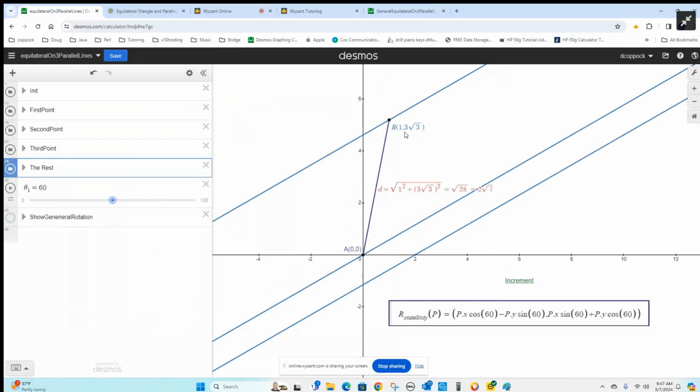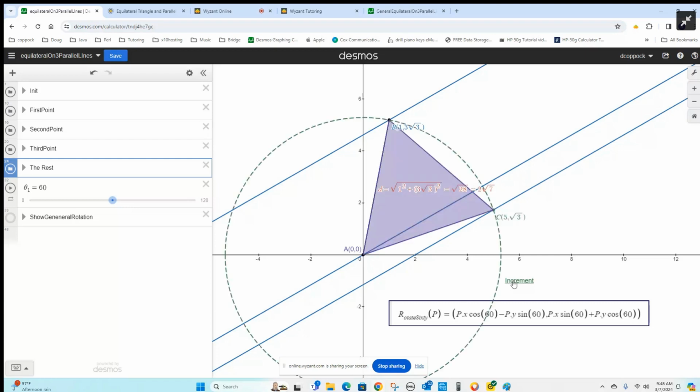There it is, 1, 3 radical 3. And the distance between A and B is the distance formula, 2 radical 7. There's your answer right there. And if you had to find out the point on this bottom line that created the equilateral triangle, you could do that. We're going to see that in a second.